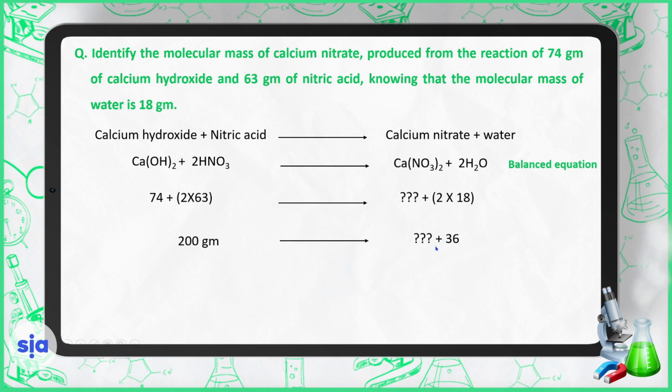On the right side, it's the unknown plus 36. So on the right side, it should be 200 grams like the left side. Simply, the unknown is 164 grams, which is the molecular mass of the calcium nitrate.